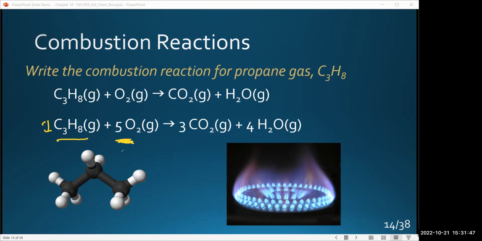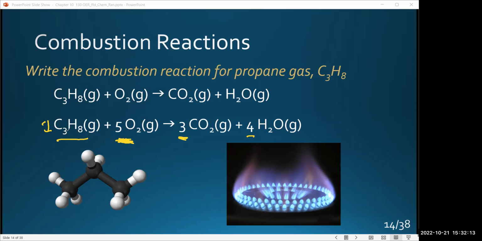Of oxygen to burn 1 molecule of propane. And then what that does, it produces 3 molecules of carbon dioxide, which goes up in the atmosphere and then kind of gets stuck up there and we got problems. Okay. And then we're adding more water to the system, adding 4 molecules of water. All right, but it's quite a bit of oxygen.